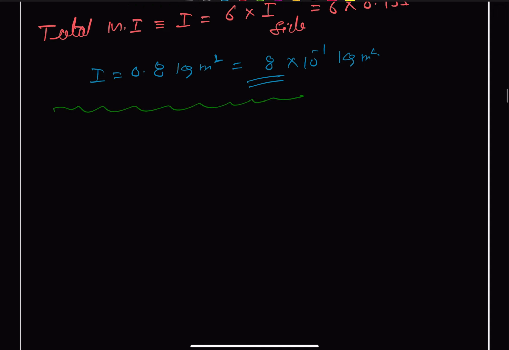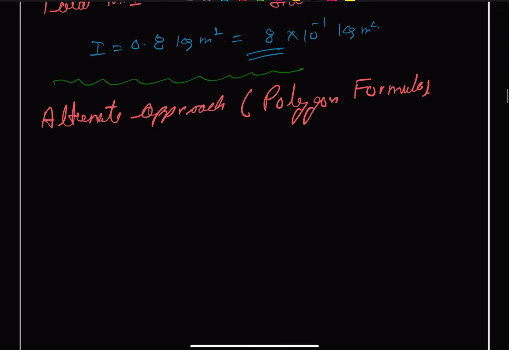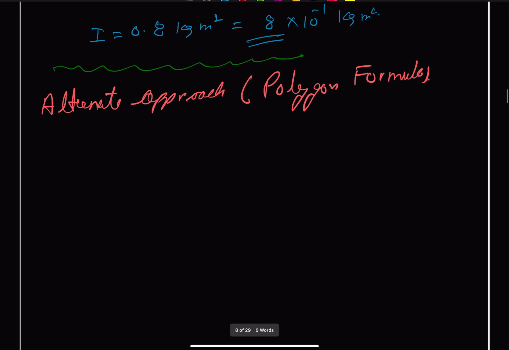So we can say our alternate approach, and this alternate approach is based on polygon formula. And we know that a regular polygon of n side and mass distributed, total mass is m and circumradius is capital R. Same parameters, but now we are going to use the formula.